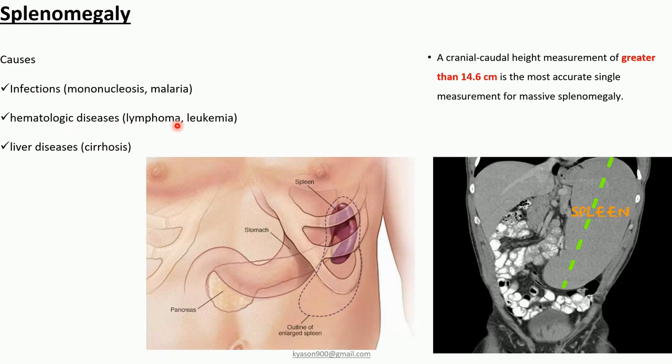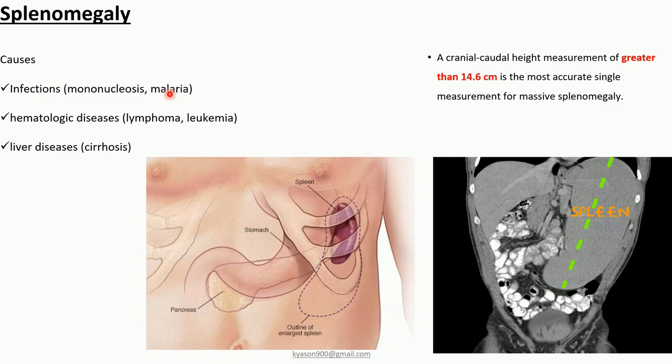Patients with these types of cancers, leukemia, lymphoma, all these cancers can easily result into an enlargement of the spleen, because normally the immune system is going to be responding to these cancers, and obviously we have immune cells in the spleen, and once they proliferate, the spleen is going to become enlarged over time.